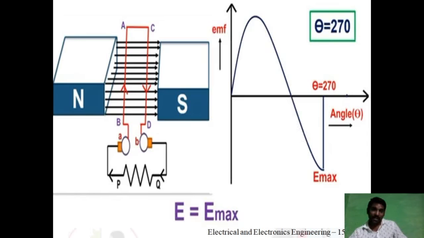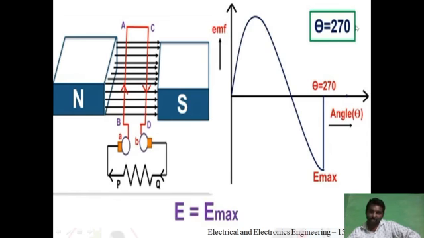Earlier, from 0 to 180 degrees, conductor AB was under the influence of north and CD was under the influence of south. Now it changes. AB comes under the influence of south and CD comes under the influence of north. Therefore, the direction of the induced EMF reverses, and it increases in the negative direction because of the increase in the rate of change of flux.